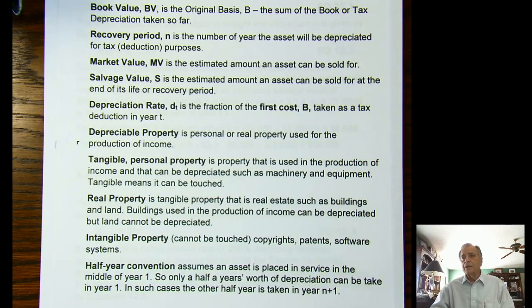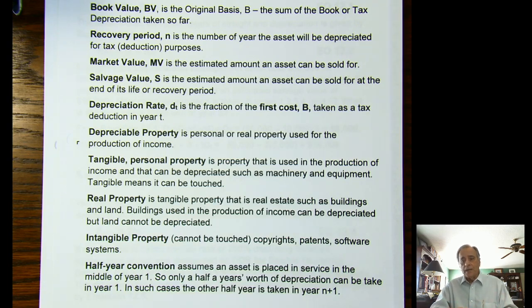So rather than give you a whole year of depreciation if you just put it in service in December, it just kind of takes an average and says, look, the first year you put it in service, if we're using half-year convention, you get only half a year's depreciation for it.